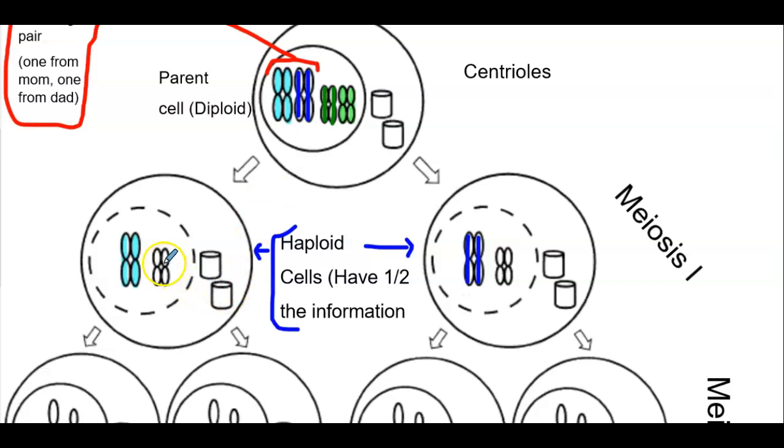The same is going to be true for the green too. So one cell will get all of the dark green information. The other cell will get all the light green information. And then we have to divide these again because we have to get the copies apart.